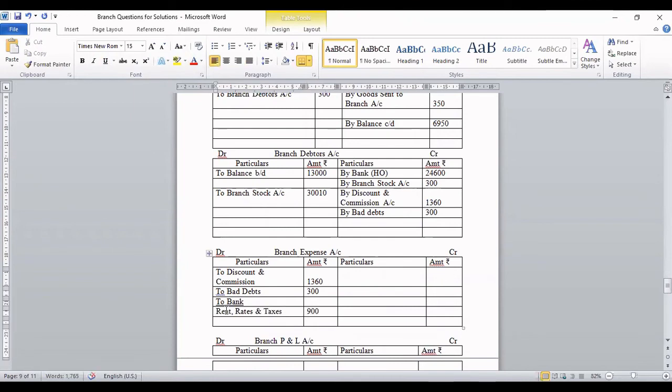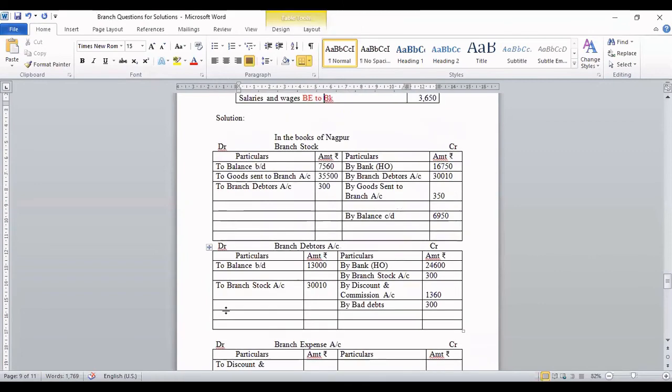And the next one, salaries and wages, 3,650. That's it. Any entry left? No, sir.